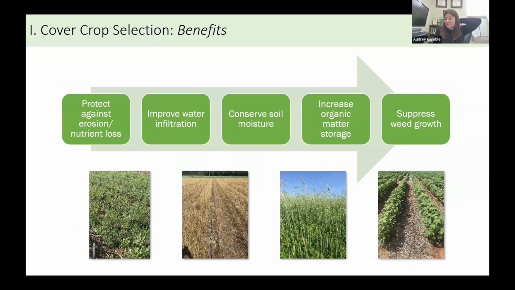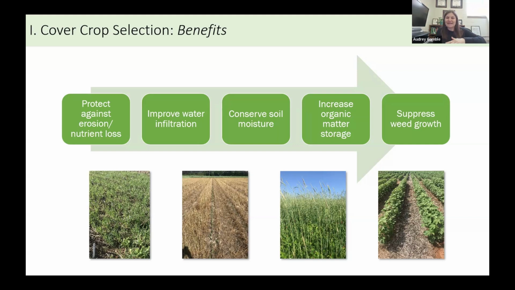So in addition to the type of cover crop, the amount of biomass that we produce has an influence on the benefits that we receive. So even with low levels of biomass, like you can see in this first picture here, we still have a really good ability to protect against erosion and nutrient loss.